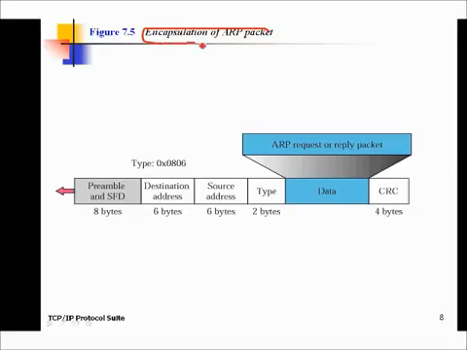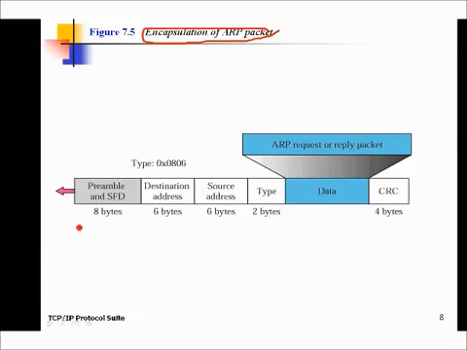In this figure, we show the encapsulation of an ARP packet. An ARP packet is encapsulated directly into a data link layer frame. For example, in this figure, the ARP packet is encapsulated in an Ethernet frame.